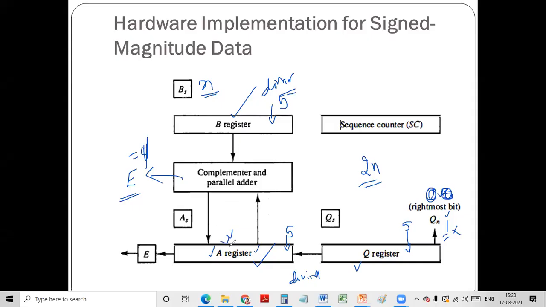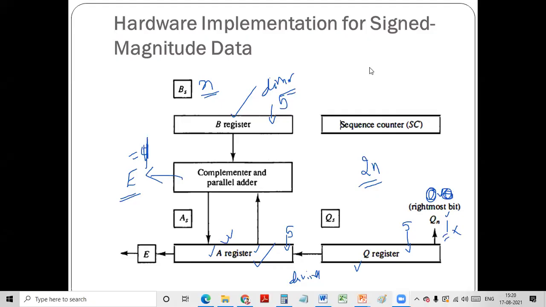So I have to restore my register contents by adding B again to the subtracted value, and I make my Qn bit 0 and proceed further. So this is how the division is carried out.